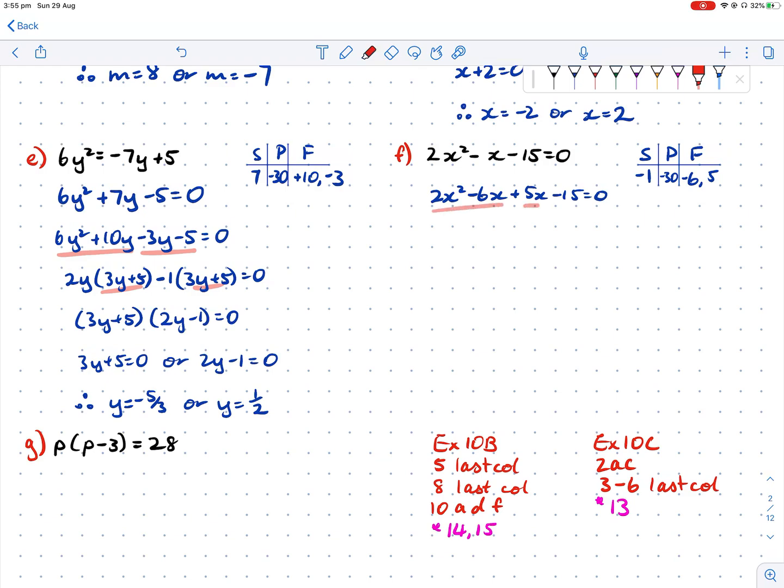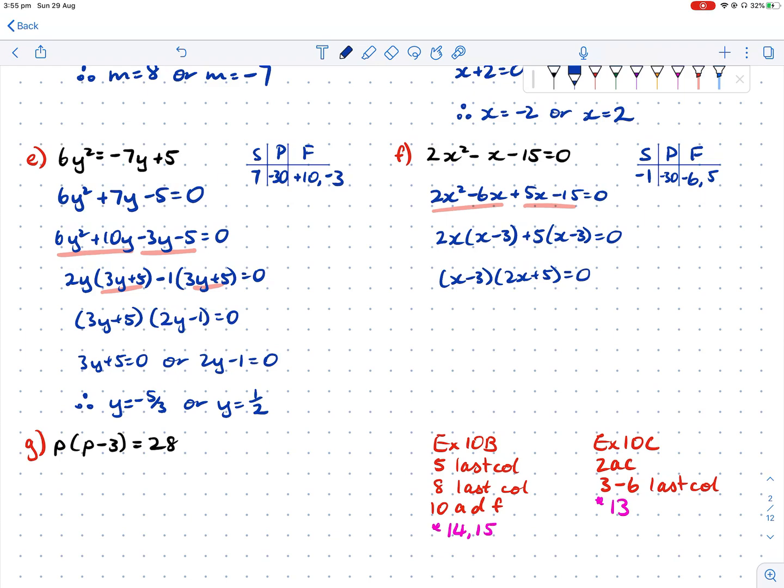Now we're going to group in pairs. So in the first pair, 2x is a common factor, and we've got x minus 3 left. Second pair, 5 is a common factor, x minus 3 left over. So we can see (x minus 3)(2x plus 5) equals 0.